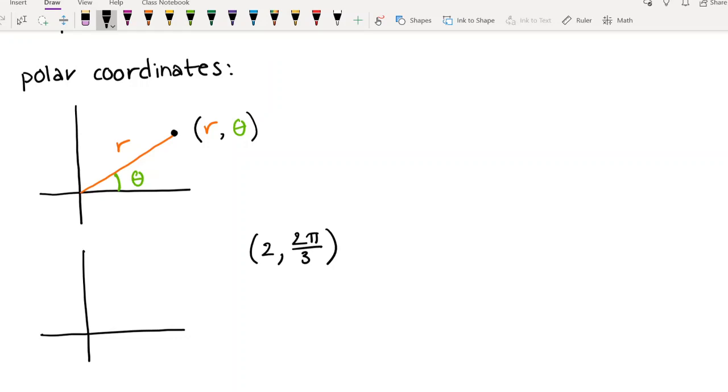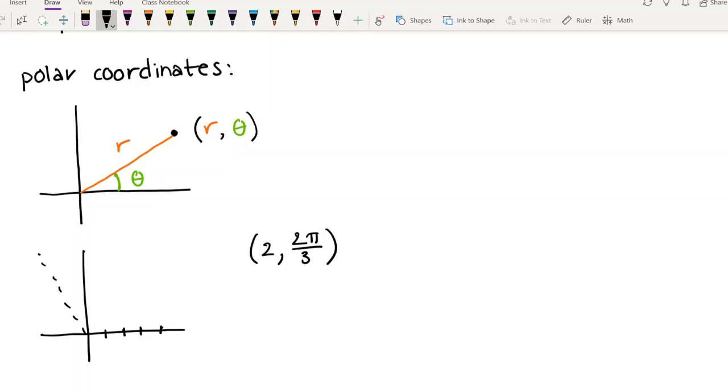That would mean you want to go to an angle of 2 pi over 3, which would be an angle like over here. But it wouldn't be exactly clear where a distance of 2 is, right? We don't really know how to measure diagonally. The way that axes are usually set up is they'll have units like this, 1, 2, 3, 4, but that doesn't tell us diagonal distances.